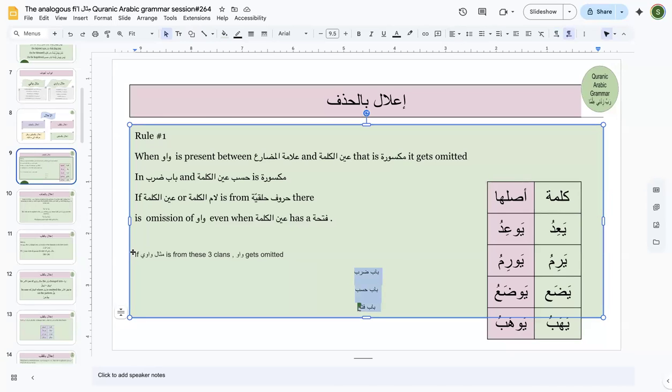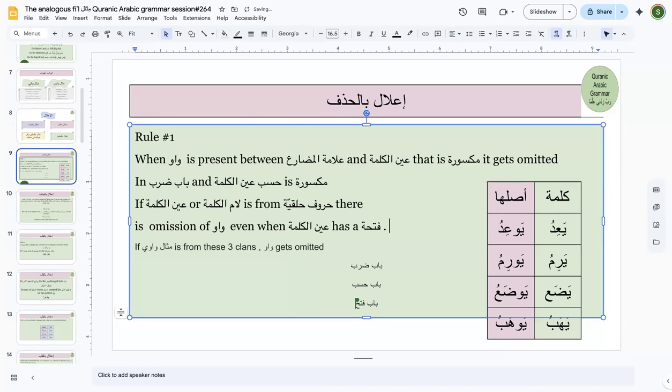Okay, there is a lot of room for exceptions. But for the most part, if your misal wawi comes from daraba, hasiba, fataha, what will happen to waw in mudare? Waw is going to get omitted.